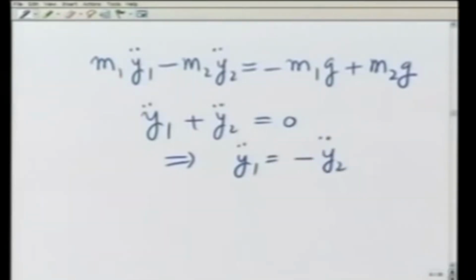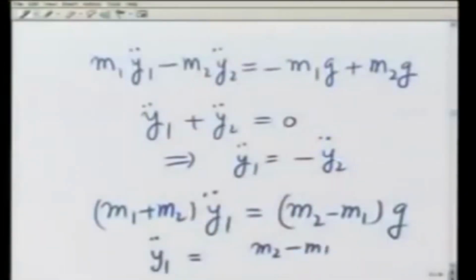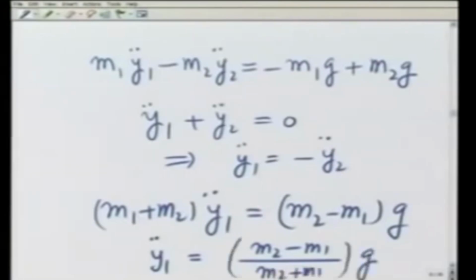If I substitute, I get (m1 plus m2) y1 double dot equals (m2 minus m1) g, or y1 double dot equals (m2 minus m1) over (m2 plus m1) times g. A result you already know.